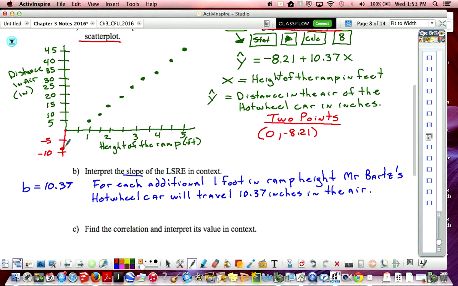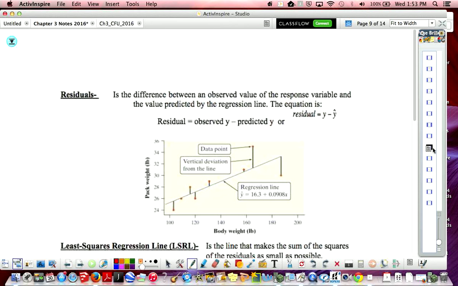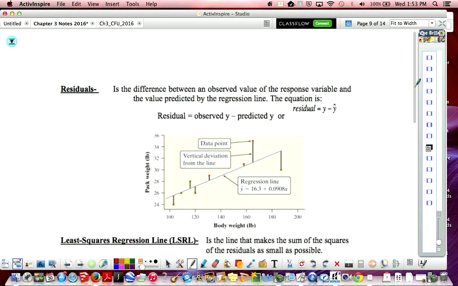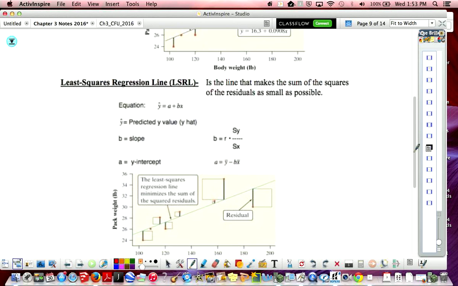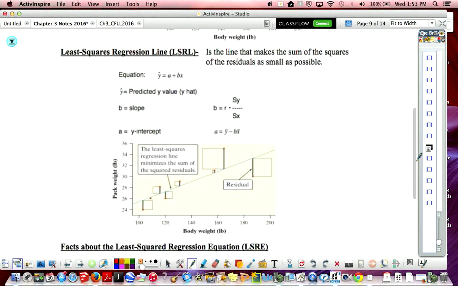Now, to get this other point, I am going to jump ahead in the notes a little bit. Okay. Ooh. So turn to the next page of the notes. I'm going to talk about this concept of residuals in a little bit, but here is the formal definition of your least squares regression line.